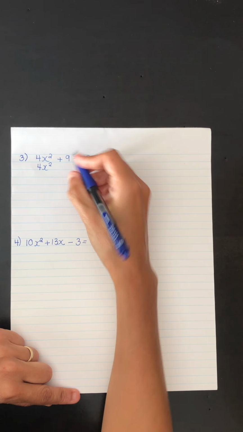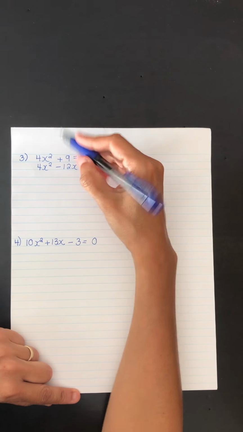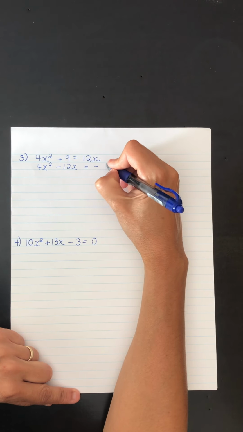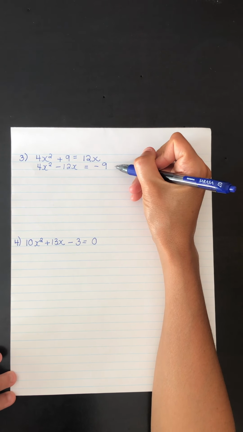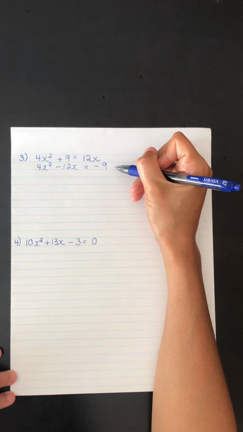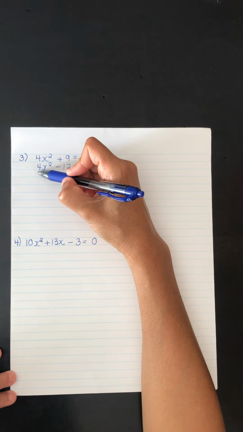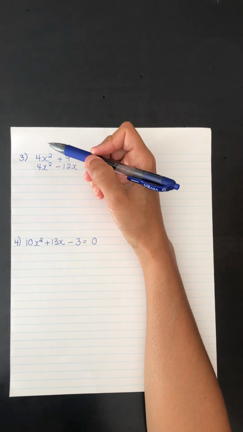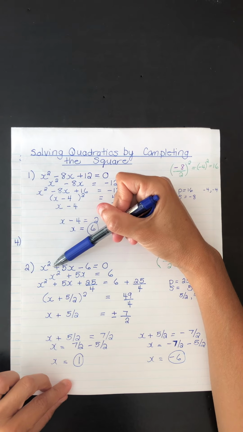So that means subtracting 12x, like this, and also subtracting 9 like this. So now it's the correct form. However, completion of the square also requires us to have a leading coefficient of 1, and we had that in the last two examples.